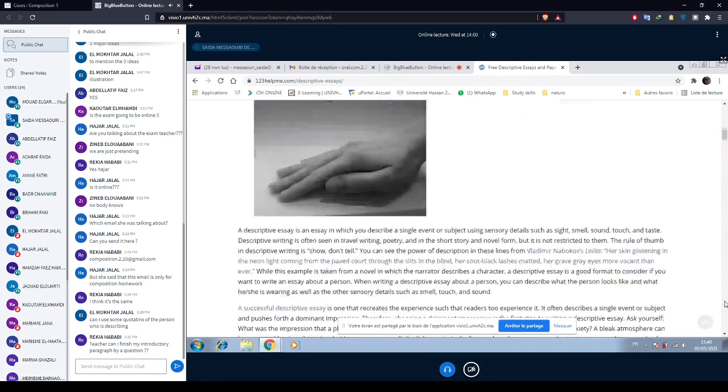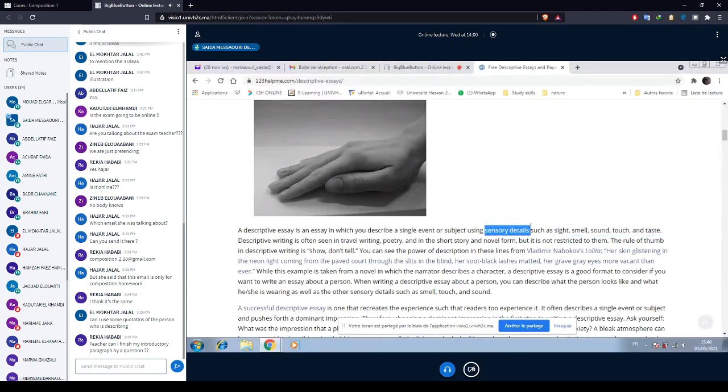A descriptive essay is an essay in which you describe a single event or subject using sensory details such as sight, smell, sound, touch, and taste. This is very important. Okay, sensory details.